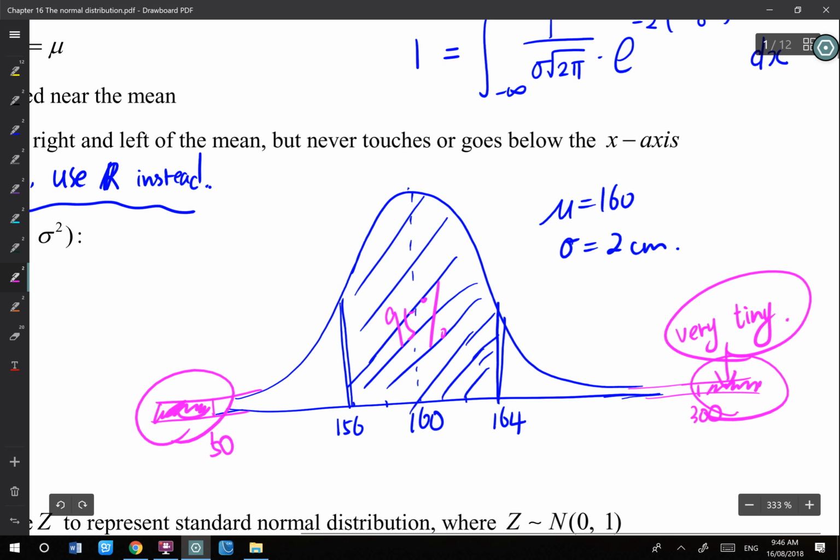So even though we take the domain for everything, you can see that outside the practical domain, the probability becomes so small that it's not really making any difference whether you include them or exclude them. But to make the function valid, we still need to include negative infinity to positive infinity. All I want to show here is that the tail probability beyond the practical domain is almost impossible to happen anyway.